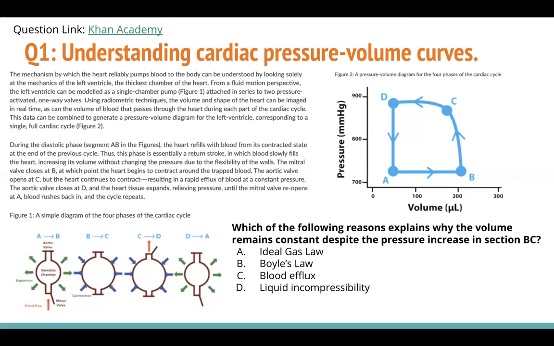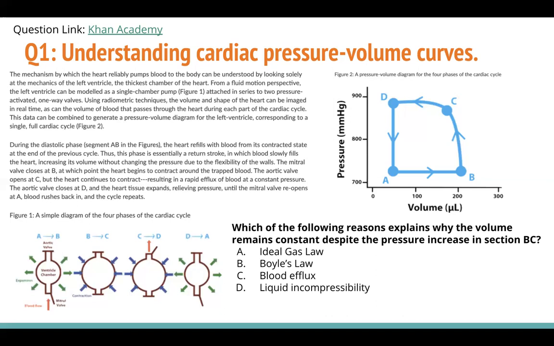Okay, so let's look over the passage and try to bring out the key points. Basically, they're talking about how a heart pumps blood throughout the body. In the first paragraph, they mention that the heart can be modeled as a fluid pump with two pressure activated valves.